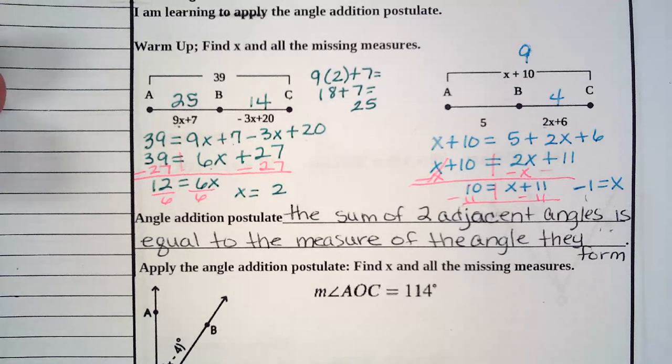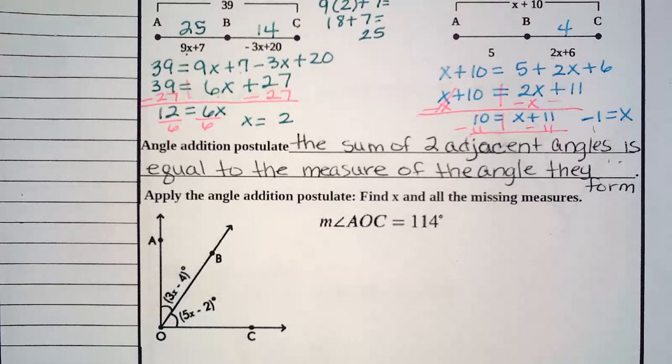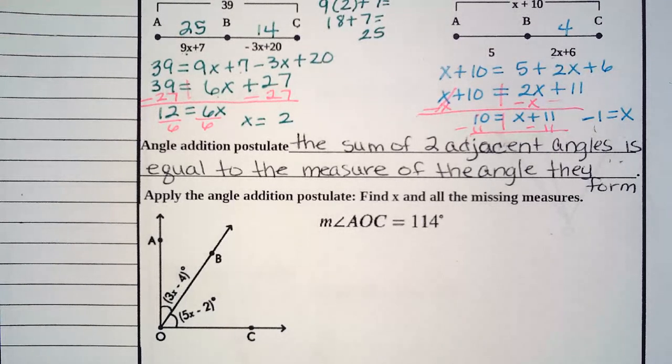So how do we apply it? Okay, if the measure of angle AOC is 114, what is x and what are the missing angle measures? The whole is equal to the sum of their parts.